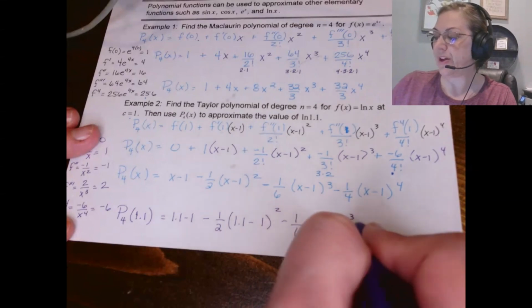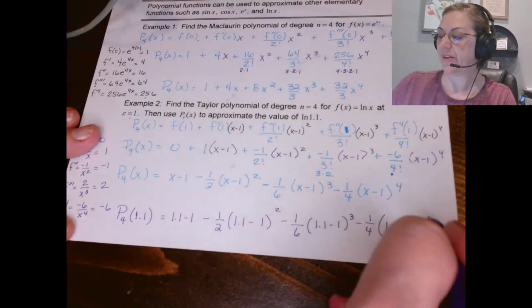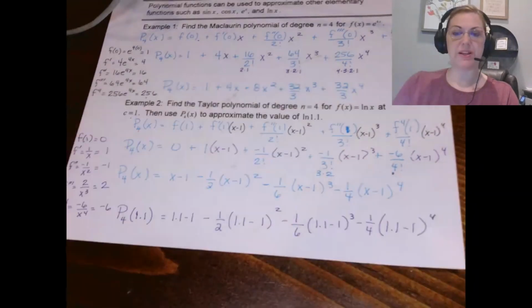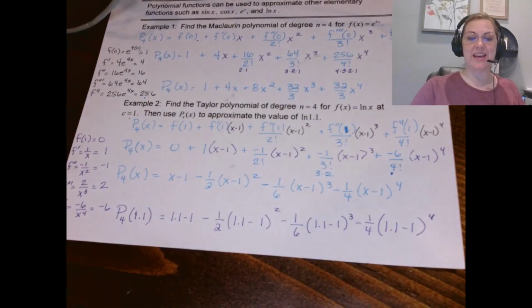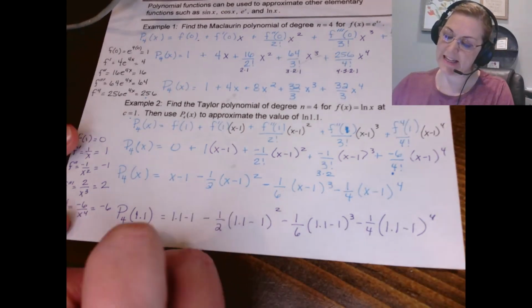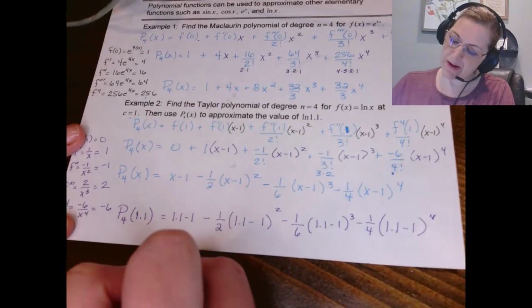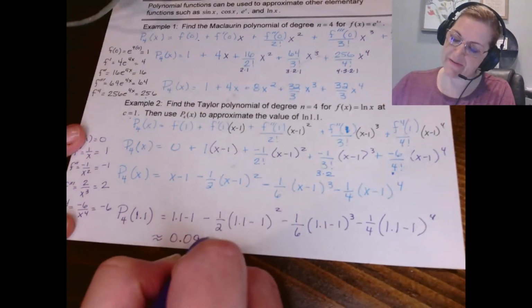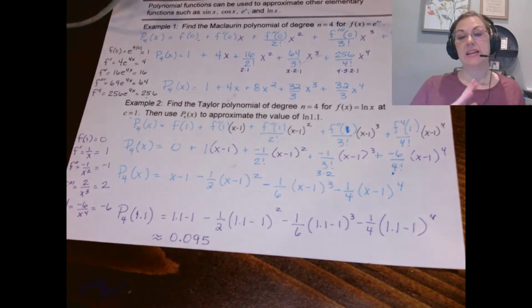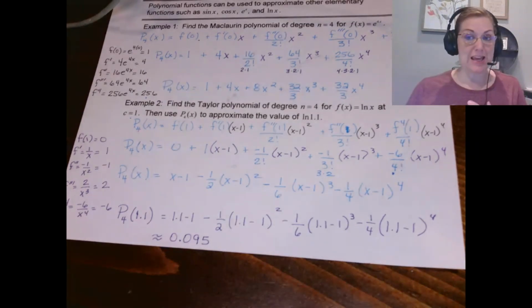No, but it will be close. And so let's plug that in our calculator and see what we get. And for this approximation, I get that it is about 0.095.